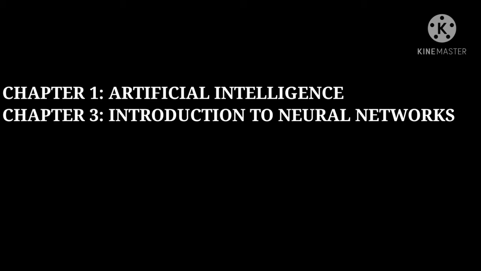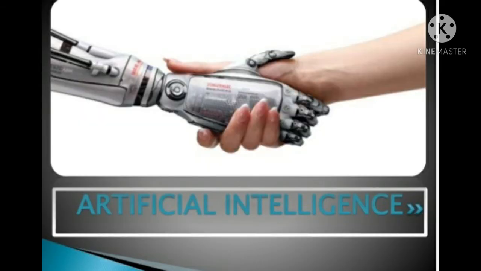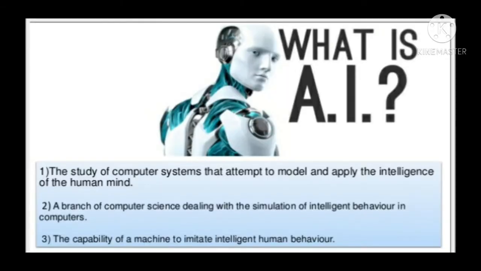The first one is Artificial Intelligence. Yes, children. So what is Artificial Intelligence? Do you remember, children? Yes, it is the ability of computer systems, that is, hardware and software, to do tasks that normally require human intelligence.